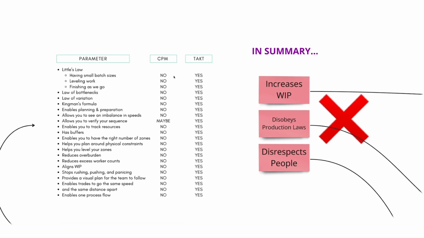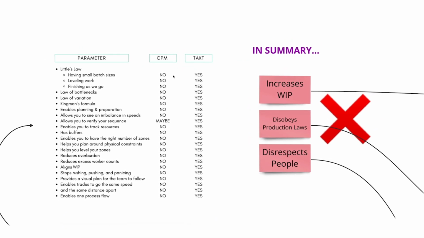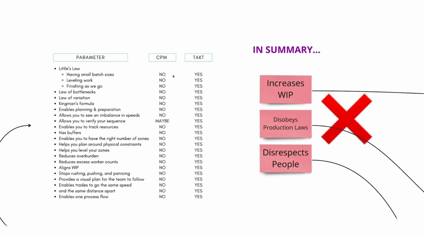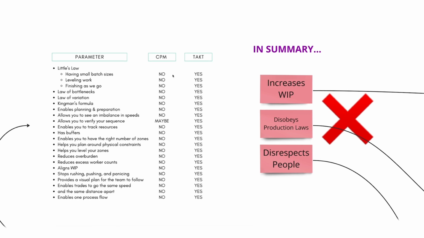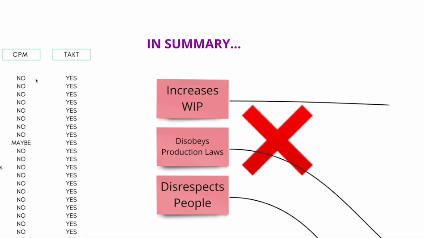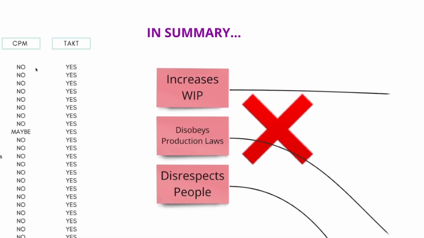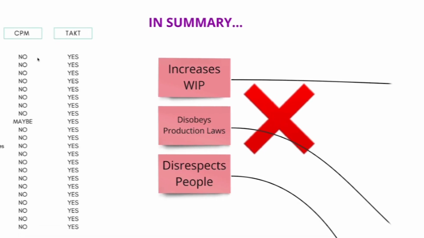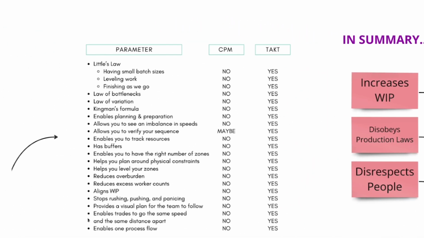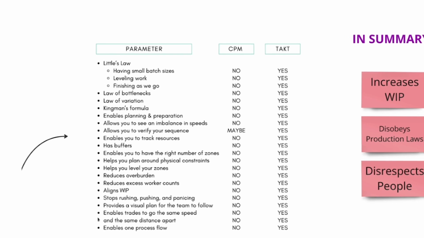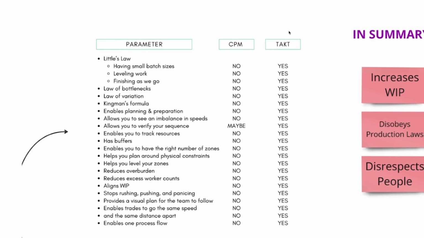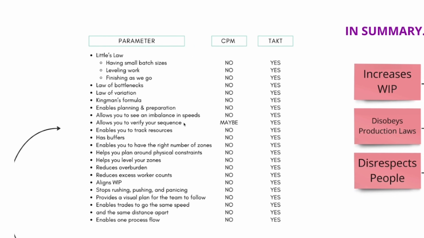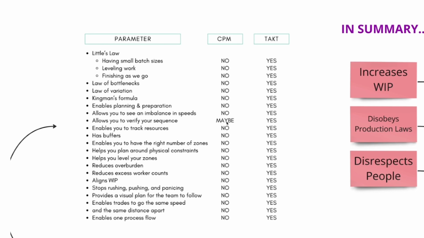And that's one of my biggest complaints about CPM. The critical path method, and I'm not going to dig into this too much here, but the critical path method is genius for increasing work in progress above capacity, disobeying production laws, and disrespecting people. If you look at all of the key parameters that we care about from a production standpoint, when you compare CPM to Takt, you'll see that only allows you to verify your sequence is a maybe in CPM.